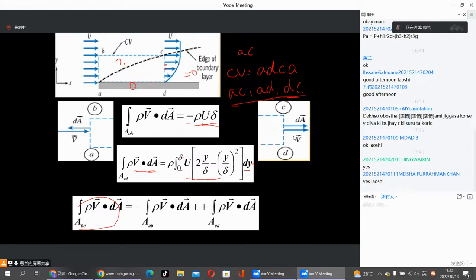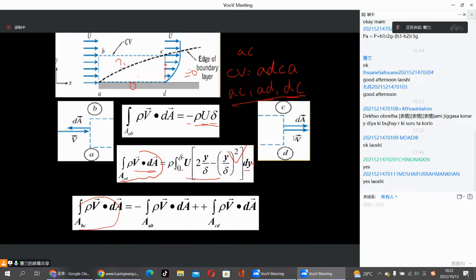And of course, AD has no flow, so this one equals 0. And for this one, we can calculate, right? Even if it's not uniformly distributed, it doesn't matter. We just need to do the integration.